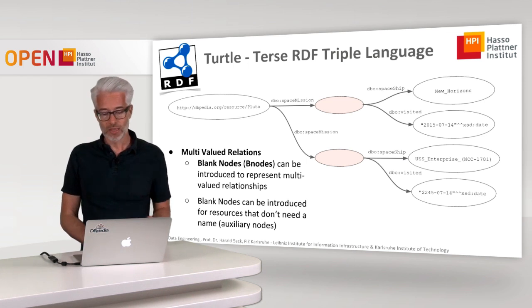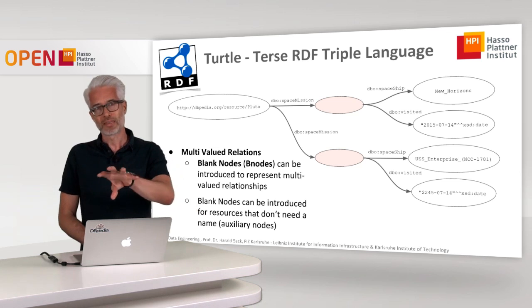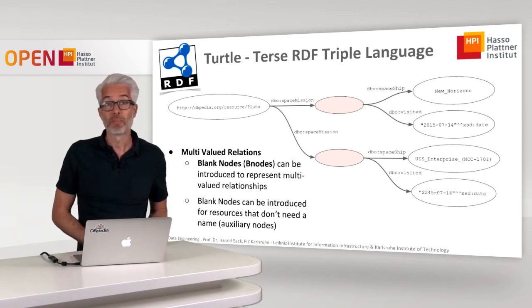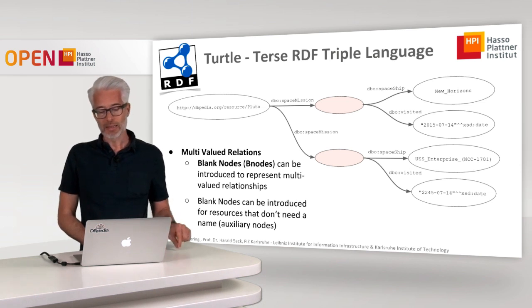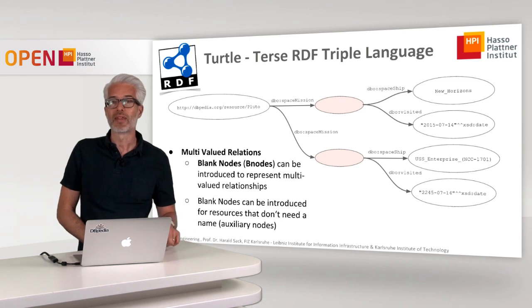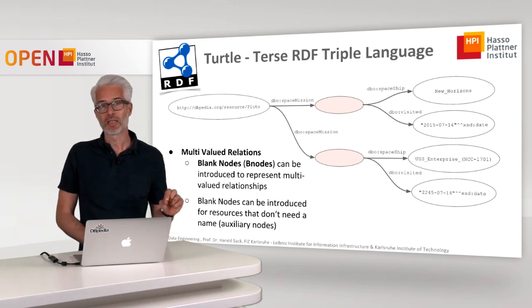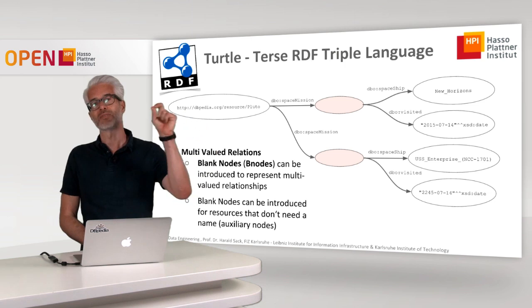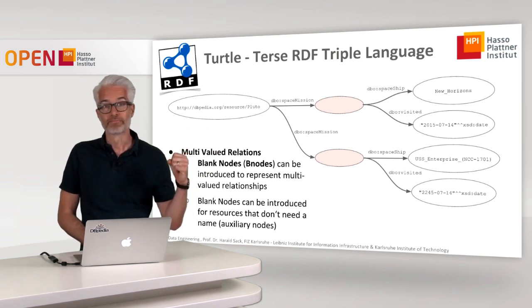What I can do here, for example, I can define a blank node, which is the object here or the target of space mission that you see here. And then I say, okay, this target then is connected to a spaceship and a date visited. And therefore, I can associate a specific spaceship at a specific date to a space mission.